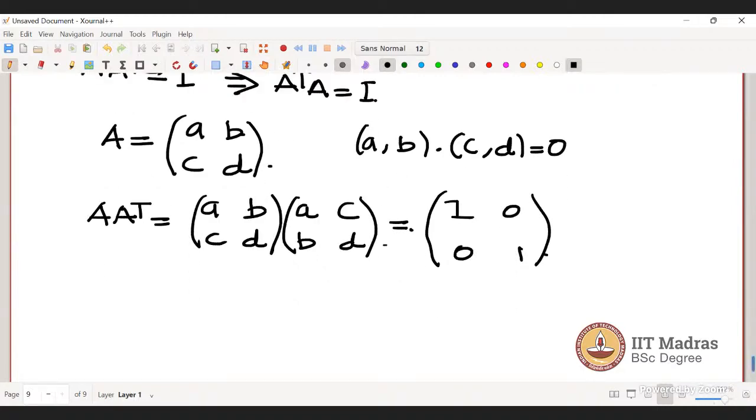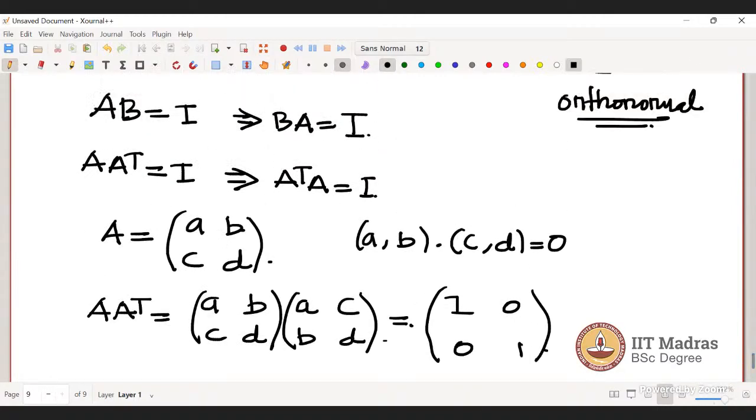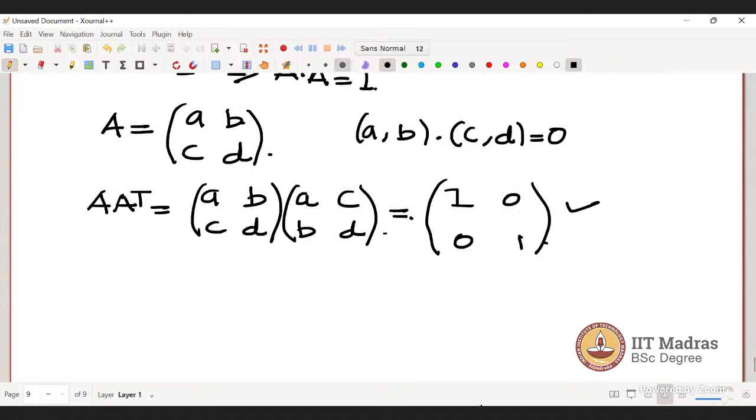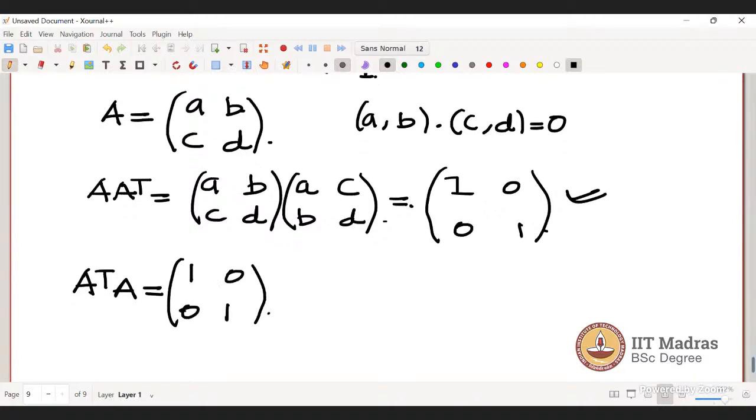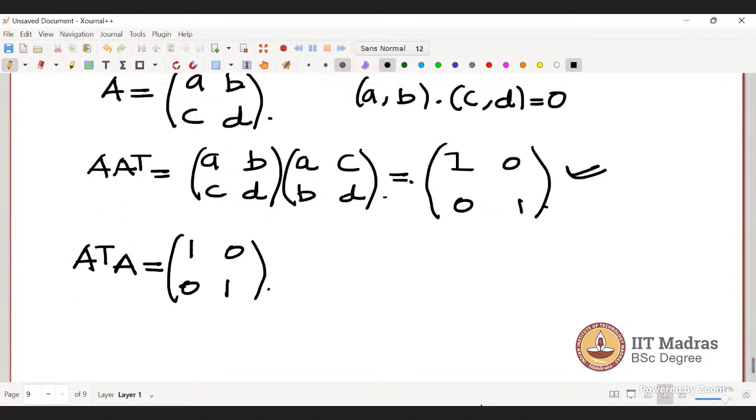So this one I'm getting from the given information that rows are orthonormal, right? Yes. If this is identity, I can say that A transpose times A is identity, right? Yes, sir. Once A transpose A is identity, then again you can say that the columns are also orthonormal, right? Yes, sir.